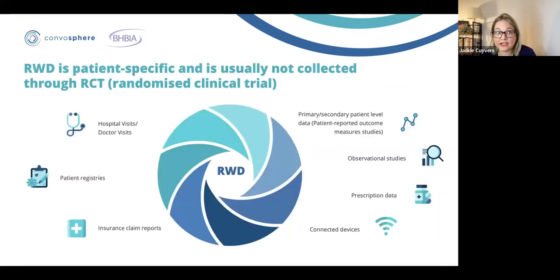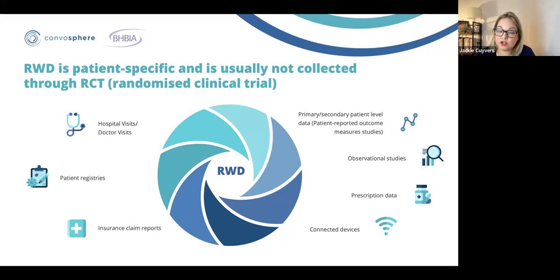So traditionally, RWD is patient-specific, and it's not collected during the clinical trial. It's all of the different points of data that are reflected by the patient's experience. So their records from hospital visits, their GP visits. This could be information that's collected through patient registries.